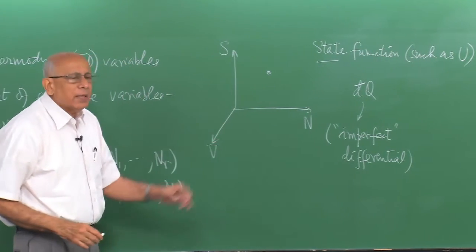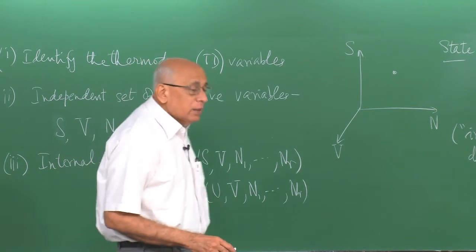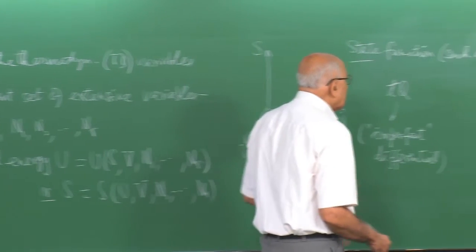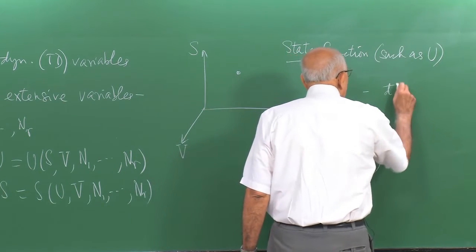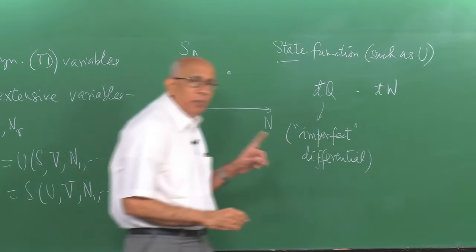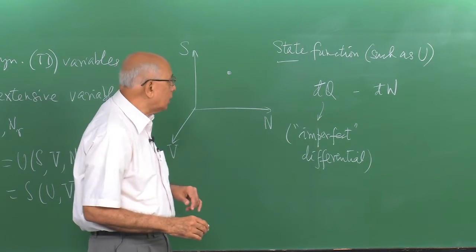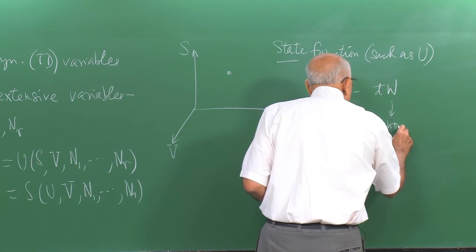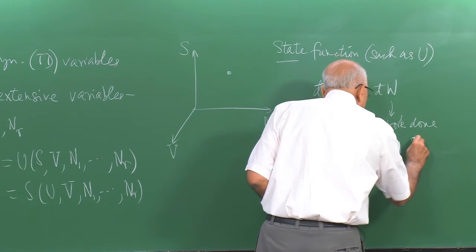But for the moment it is an infinitesimal quantity of heat supplied to the system, and suppose the system does some work for you, and let us suppose the amount of work it does is dW, then dQ minus dW, that too is an imperfect differential in a certain technical sense, which again I will explain very shortly. This is work done by the system.